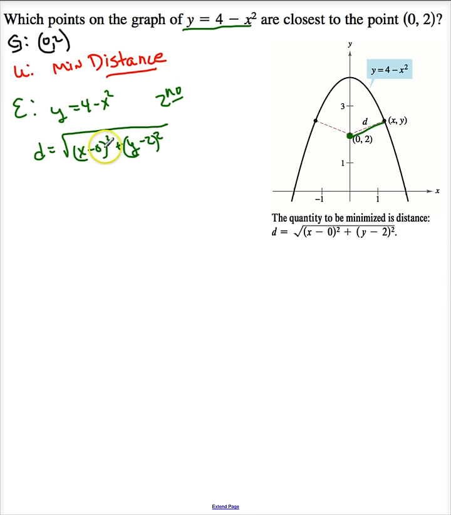But remember, I don't want to take the derivative of the square root, so I'm going to make it a capital D, and this actually makes it easier when you're shoving it in the derivative anyway. And this is x squared plus y minus 2 squared.